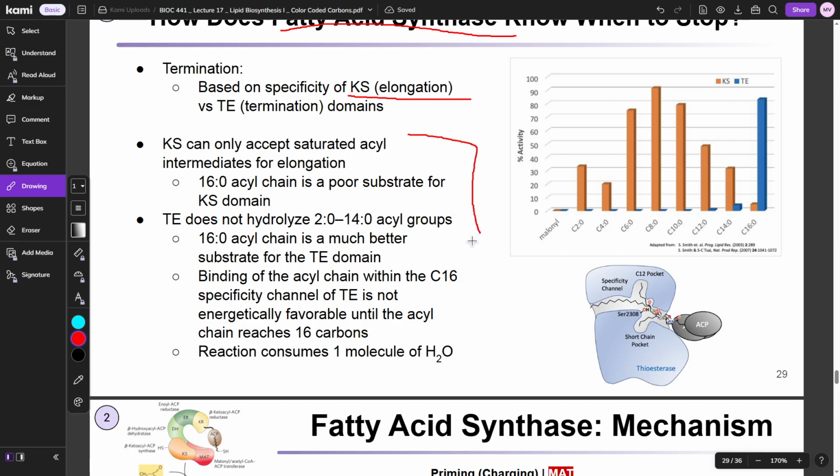Basically, it can only accept saturated acyl intermediates for elongation. So basically, there can't be any double bonds in it, otherwise it doesn't fit into the enzyme properly. And so that's how it's able to differentiate. So if it has double bonds in it, it doesn't actually fit into the enzyme, and that's how it kind of figures out when it has to stop.